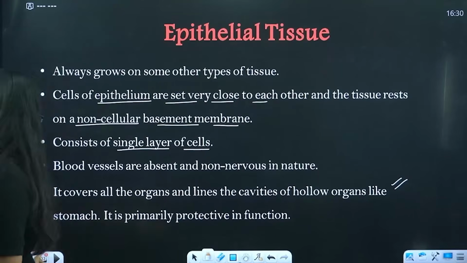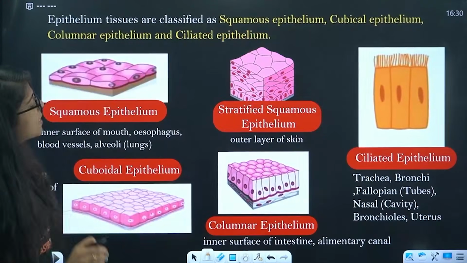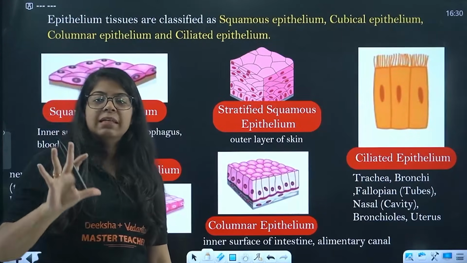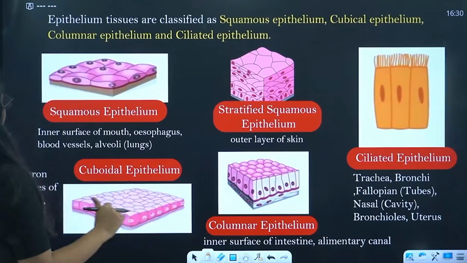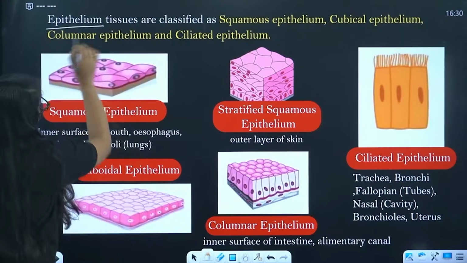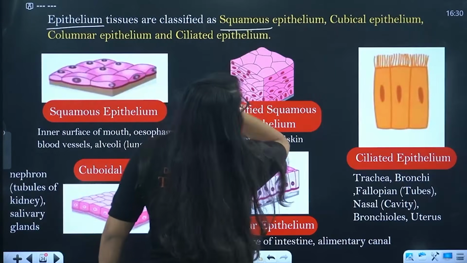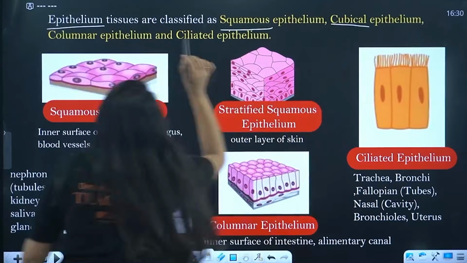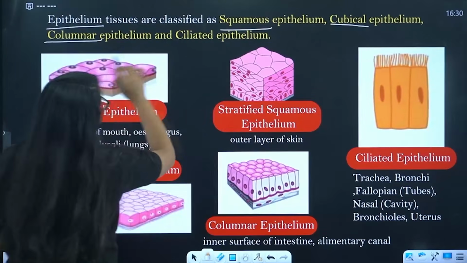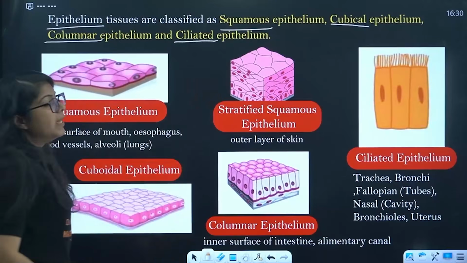Now where is it present? See, these are some of the types of epithelium. Beta, epithelial tissues are classified as what? Squamous epithelium, cuboidal epithelium, columnar epithelium, and ciliated epithelium.